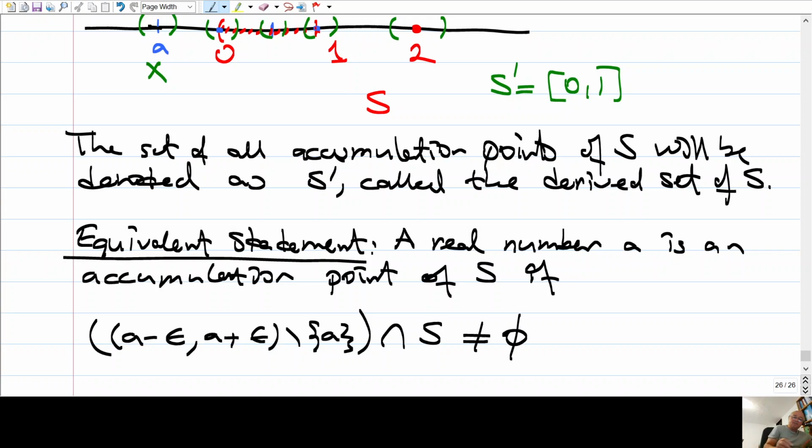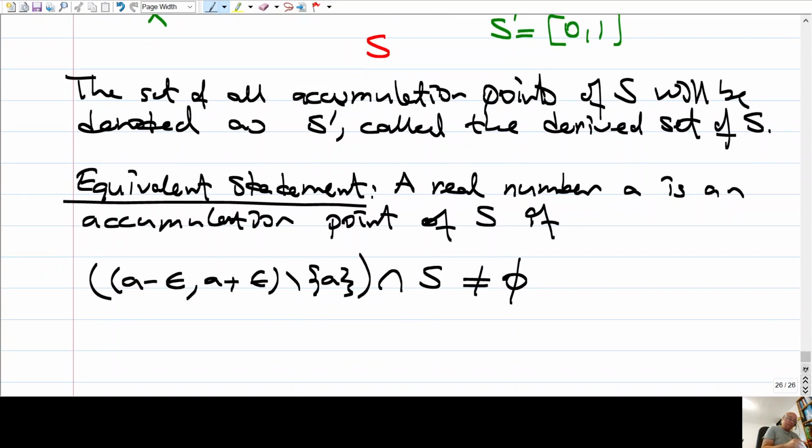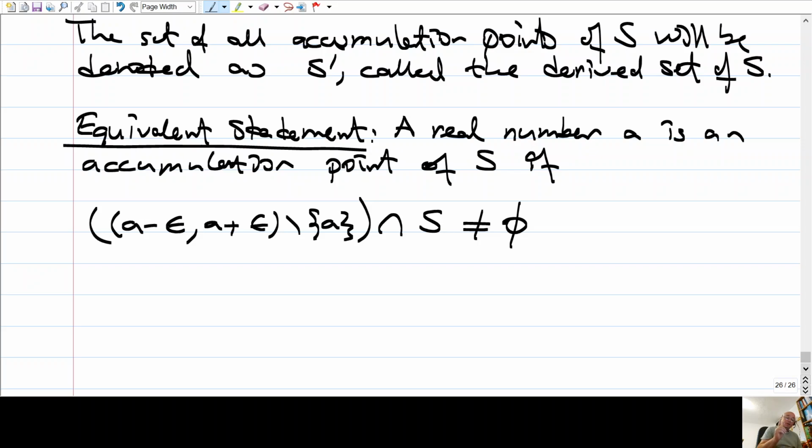I guess this is the statement you remember from previous courses, possibly. In other words, any deleted neighborhood of A, any deleted interval containing A, contains at least one element from S. These two statements are equal, right? Because if each deleted neighborhood contains one element from S, then every interval contains infinitely many elements from S.